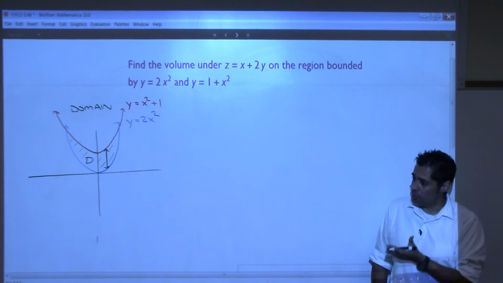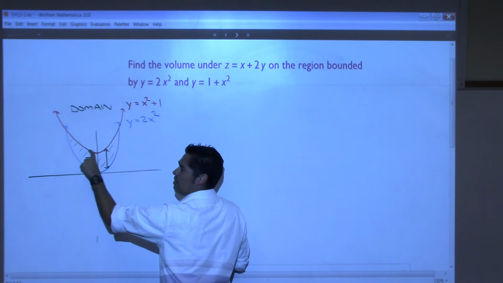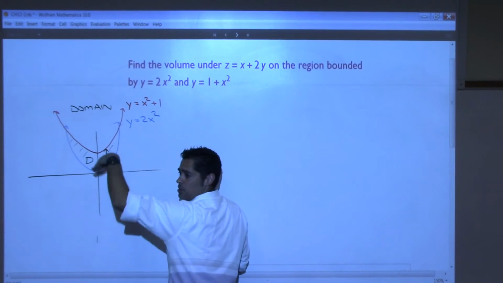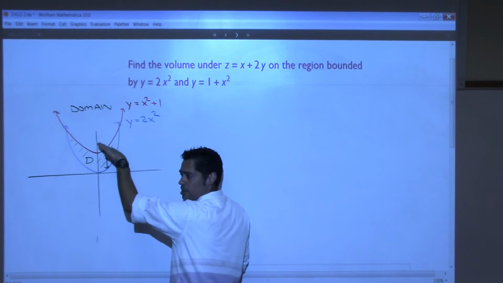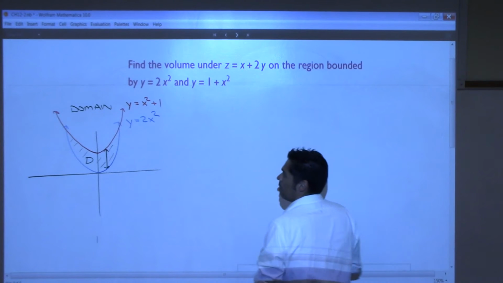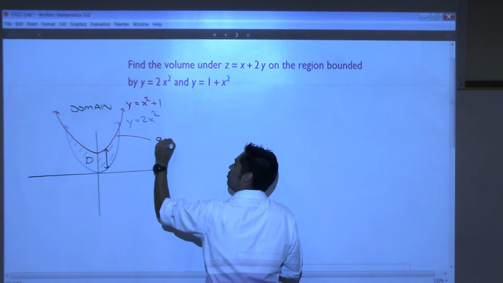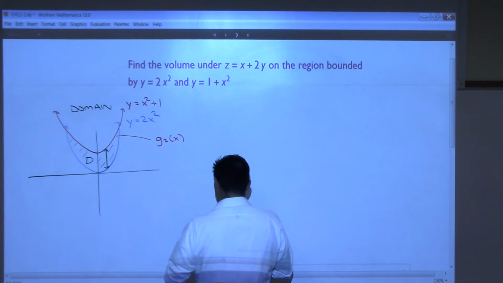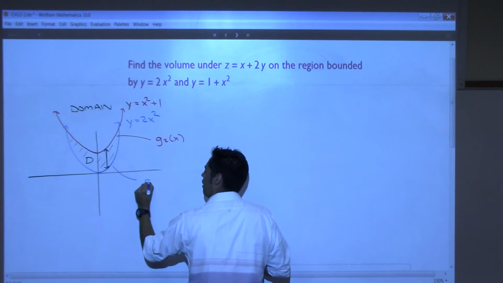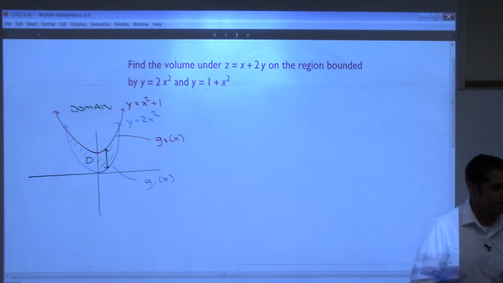It should always be the same two. If I move that around, is the one that's red always on top? Yes. Is the one that's blue always on bottom? Yes. So you see you have an upper and a lower function. The upper function is my g sub 2 of x. The lower function is what we call g sub 1 of x. Does that make sense?